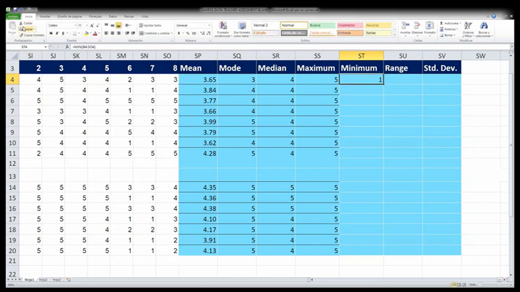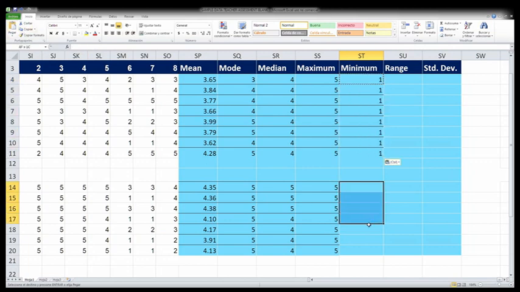And as expected, the minimum was 1. I repeat, the fact that one single student circles a number 1 means that the minimum is going to be 1. Even if there are 508 students and only one student circles number 1, the minimum is 1.